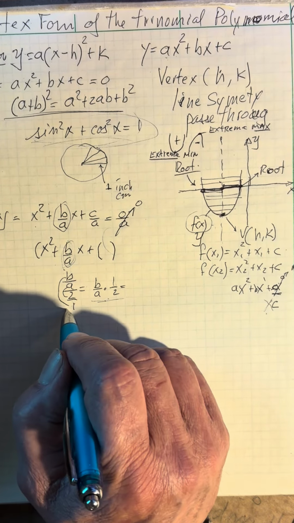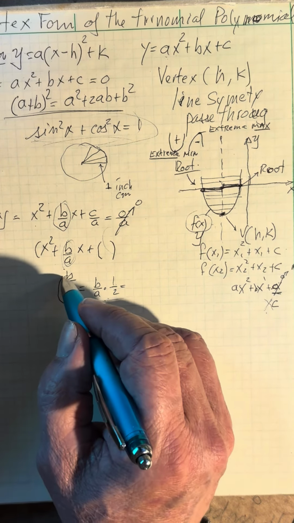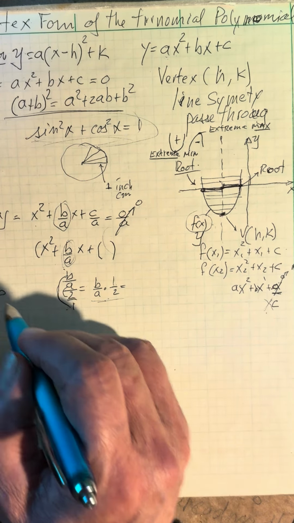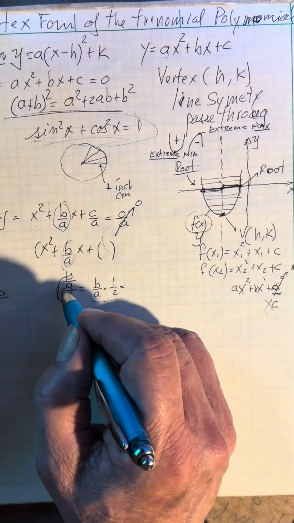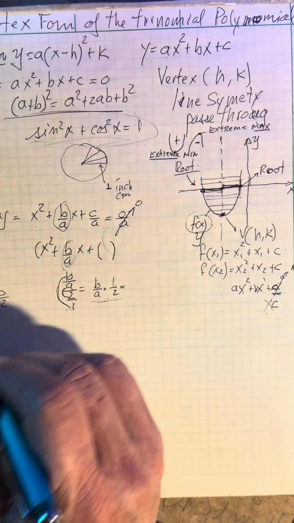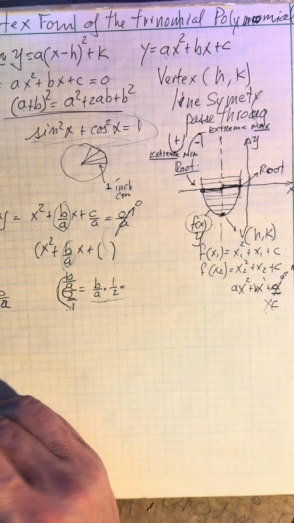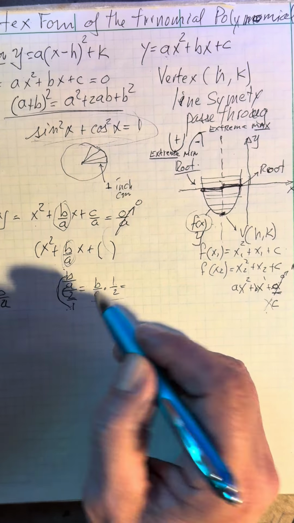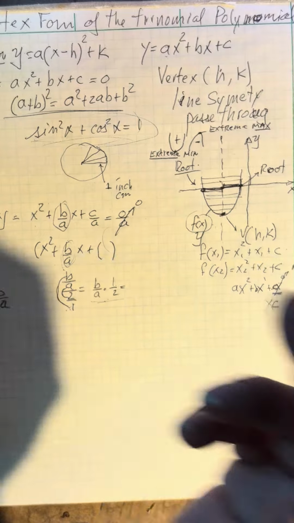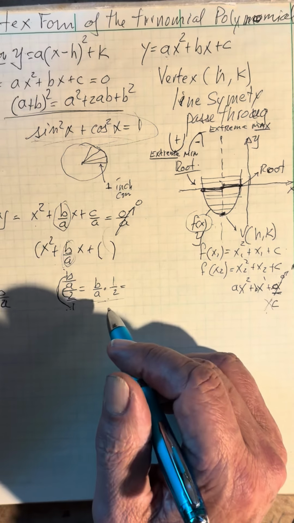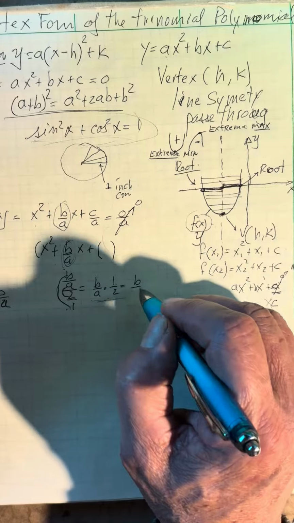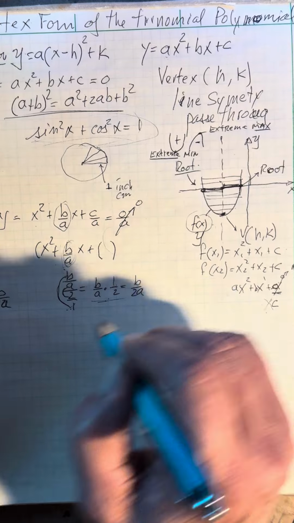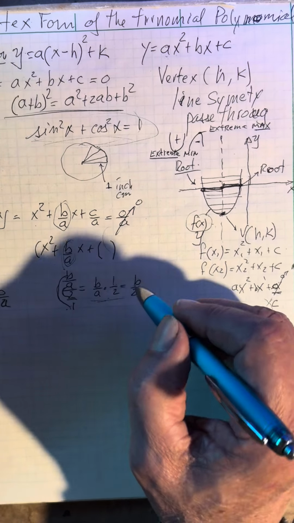I learned it this way, which means you multiply b times 1, and then you divide by 2a. And voila, it's the same thing, whatever you decide to do is fine. b over 2a. That's half of it.